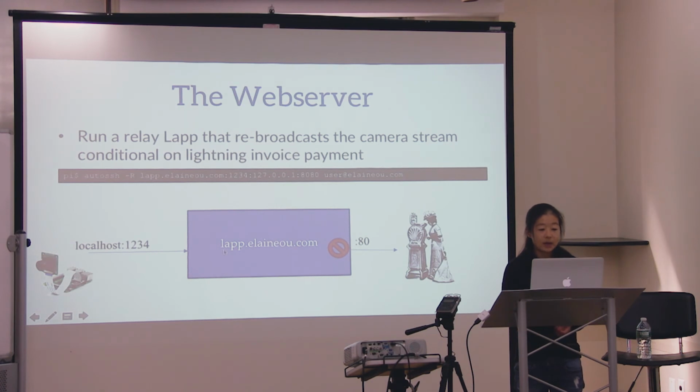So we have an app. On the app server, we can look at port, let's say 1234, and that's where the mobile device is phoning home. We can decide whether or not to let our customer see what's coming in on this port based on whether or not they pay.